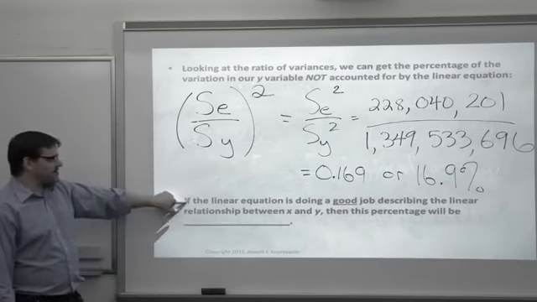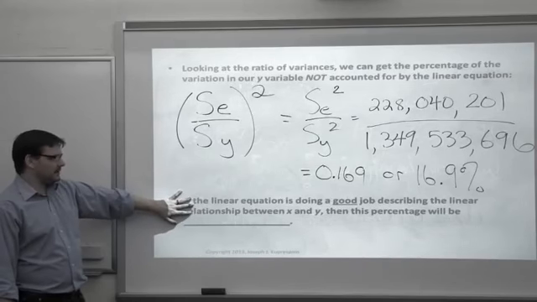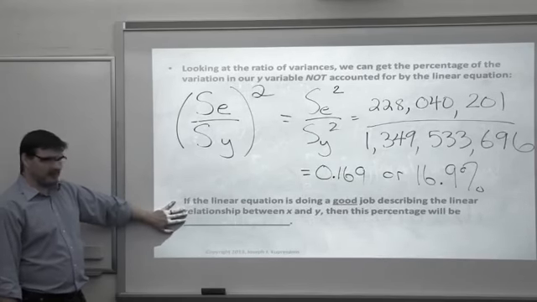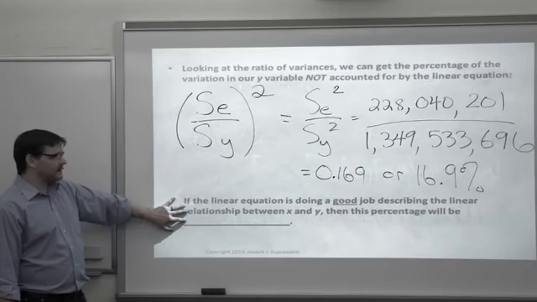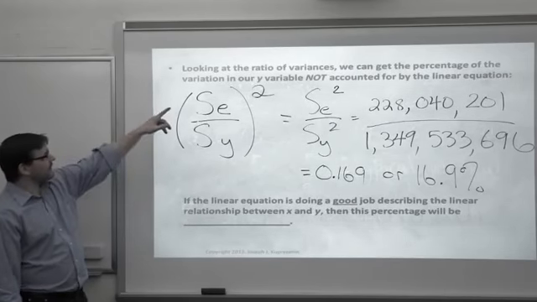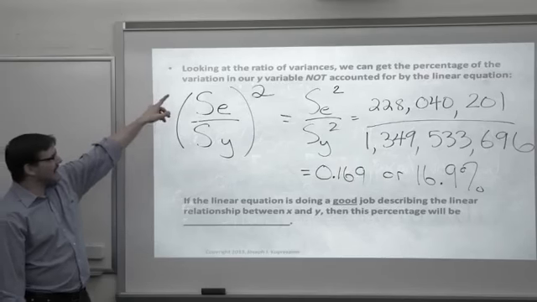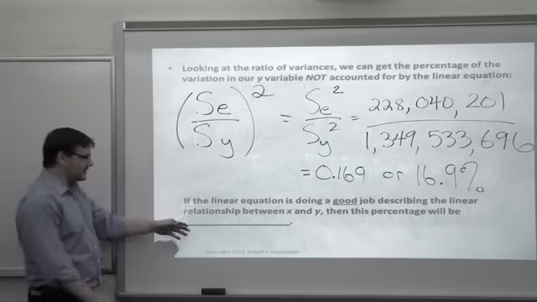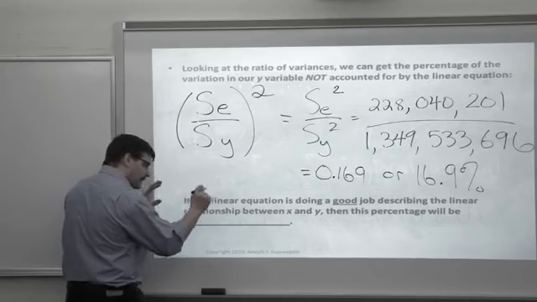If the linear equation is doing a good job describing the linear relationship between x and y, then this percentage should be what? We're looking for the variation not accounted for by the linear equation. This percentage will be small.